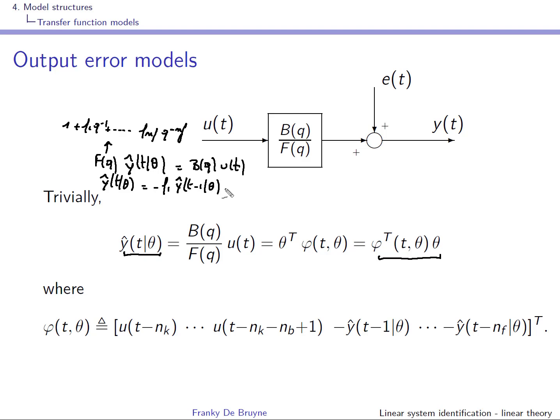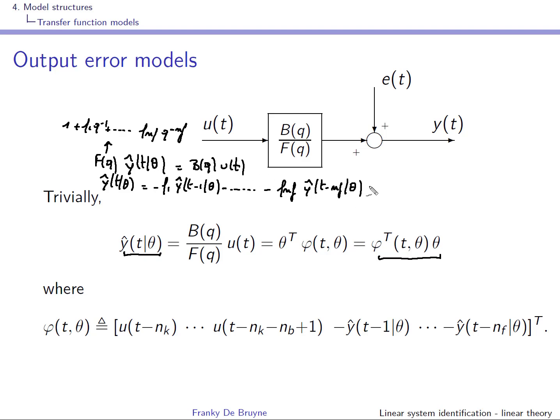Okay, and then we have lots of terms, and then the last one here, minus f_nf and the prediction at time t minus nf, right?